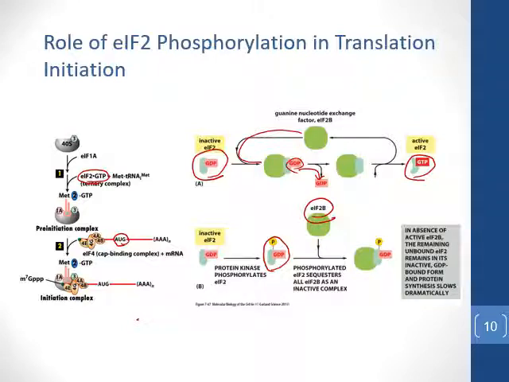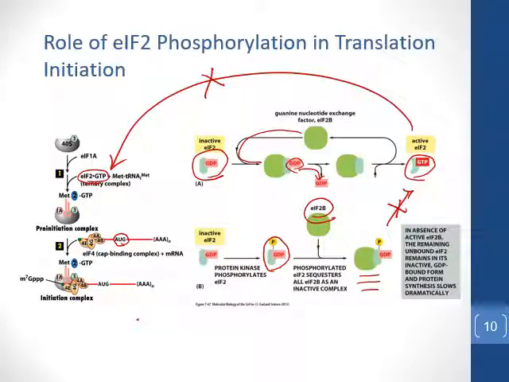So what happens is this complex just kind of sits here like this. Now what that means is that if you can't replace the GDP, you cannot get new EIF2 GTP. If you can't get new EIF2 GTP, then you can't form this complex. If you can't form that complex, then you can't get translation. So you're going to get no translation.